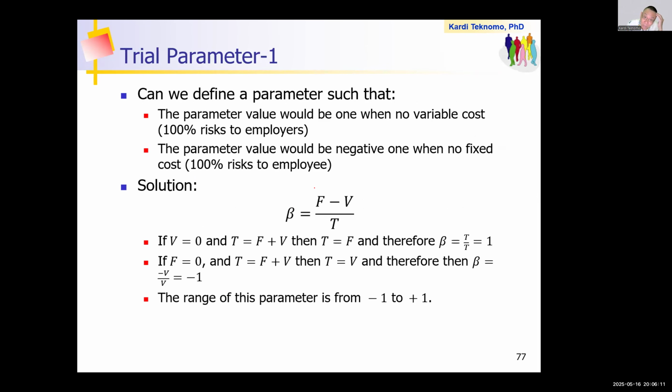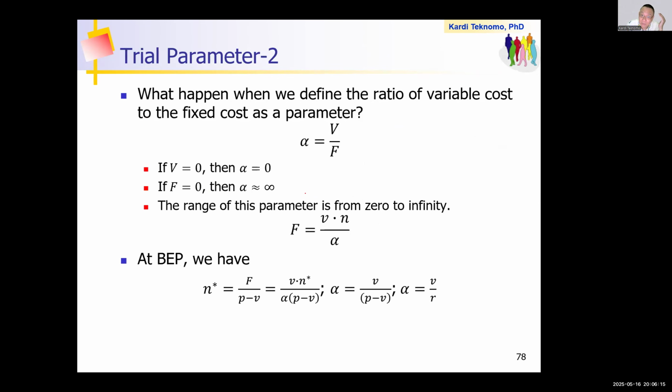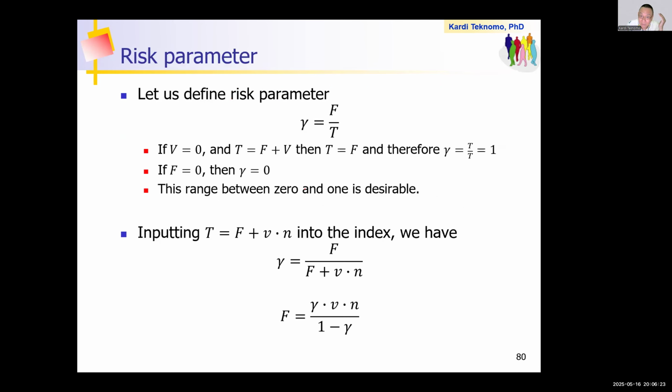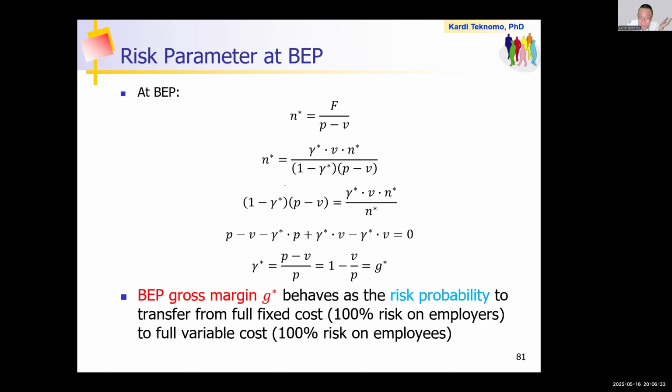Okay, so I did several trials on what kind of index I can use. Finally, I found one index that can do all of this. And when we compute this index, which is the same as F divided by T, this is exactly what we want.